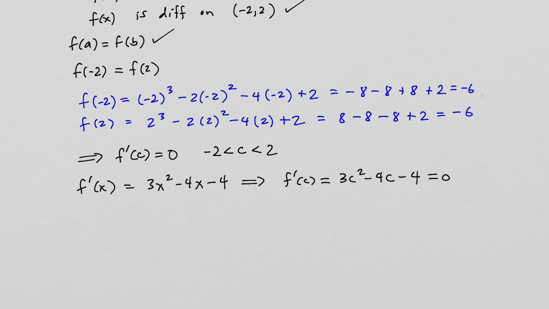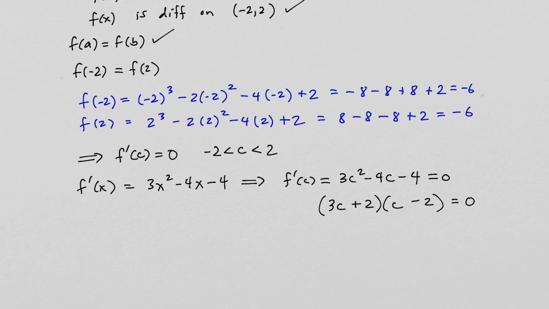Now, it's possible that you might be able to factor, but if you're not able to factor, you can always use the quadratic formula. I think this factors, so let's give it a try. So we have 3c times c, that will give us 3c squared. Let's try 2 times 2, and let's put a negative here and a positive here.